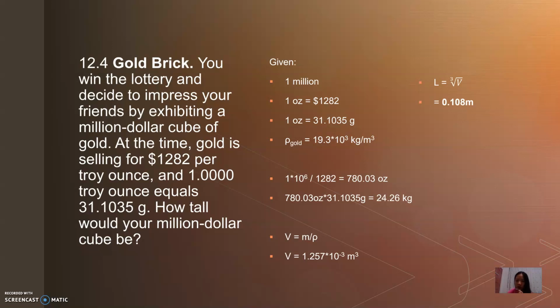Volume is equal to the side of the cube cubed. So, the side or L is equal to the cube root of the volume. So, you'll get 1.08 meters. And that is how tall your cube would be.